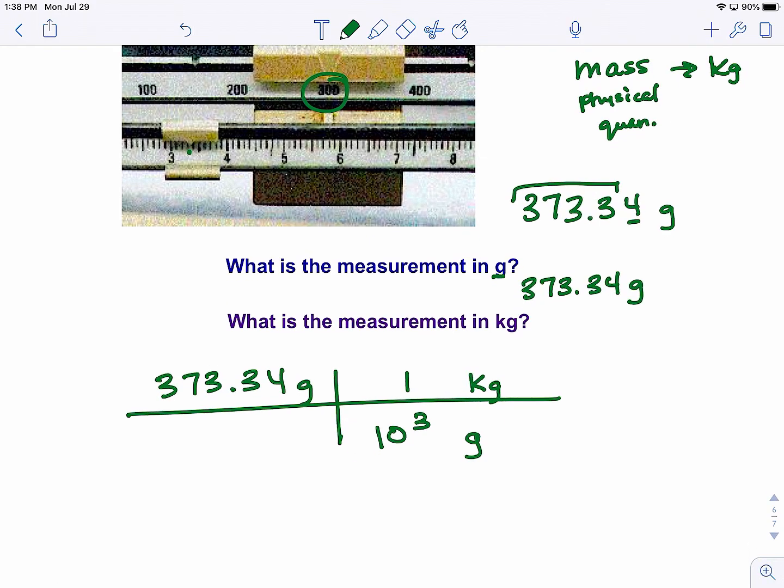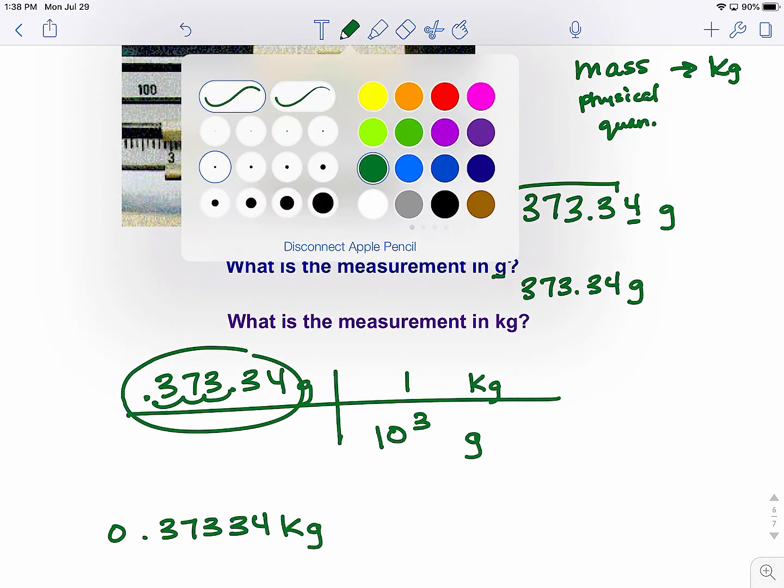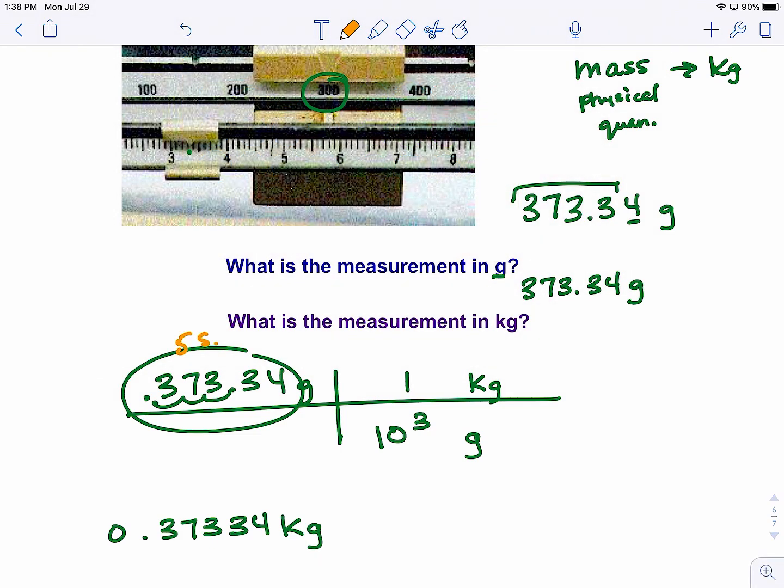So we're going to divide by 1,000, so we're going to move our decimal 3 places to the left. How many sig figs do we have here? We have 5 significant figures. How many sig figs do we have here? We still have 5 significant figures. Converting something should not change the precision of the measurement, should not change the number of sig figs.